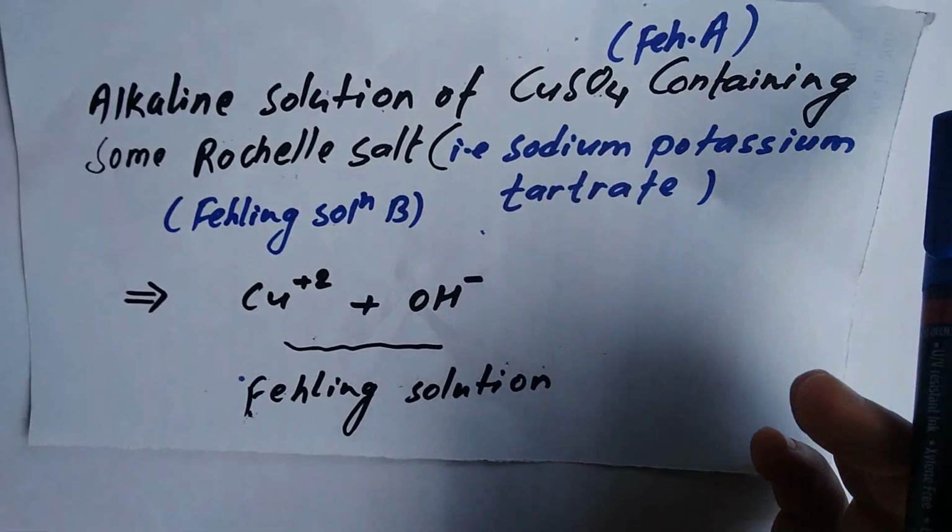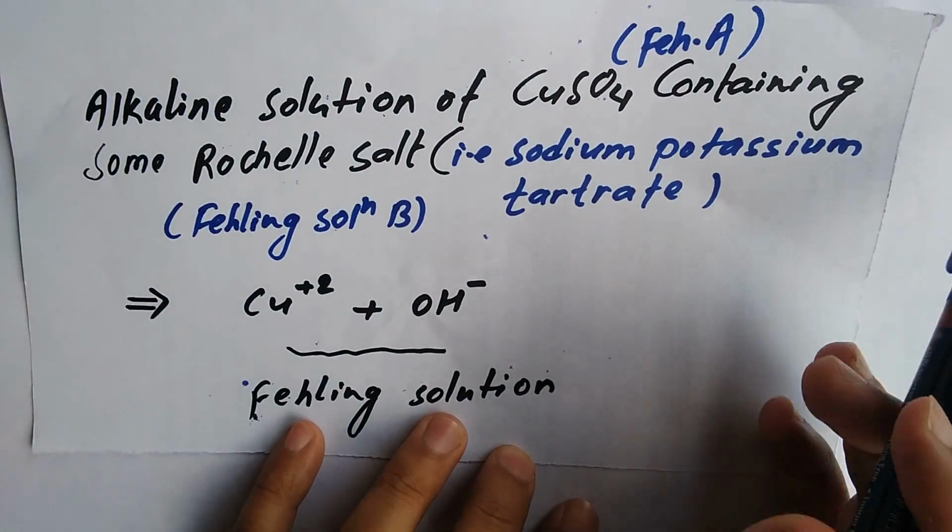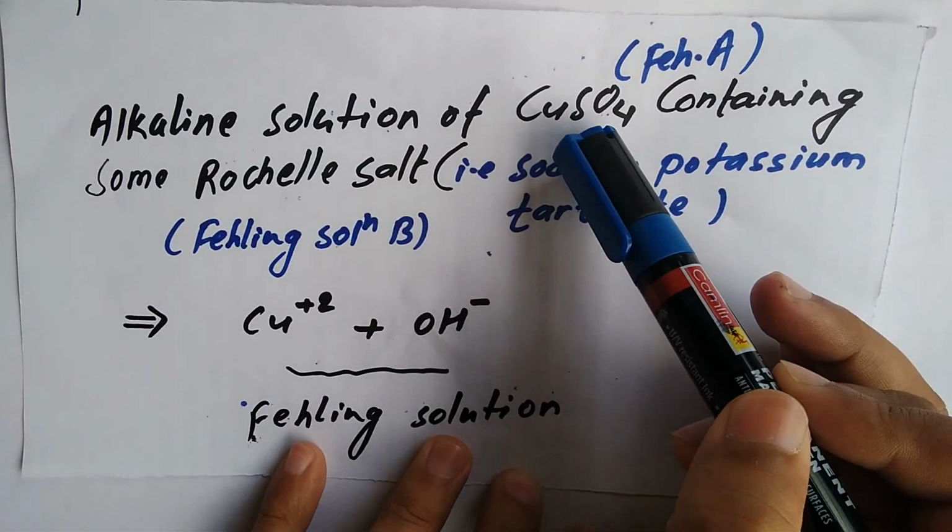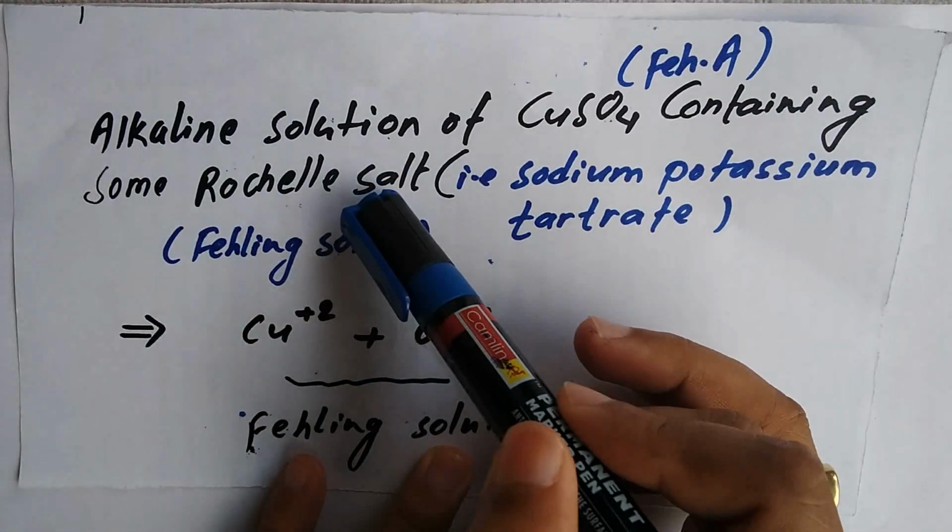And what is Fehling reagent? Fehling reagent is an alkaline solution of copper sulfate containing some Rochelle salt.